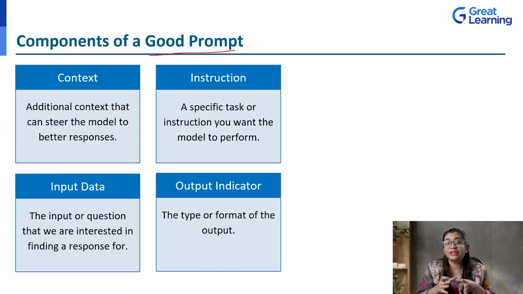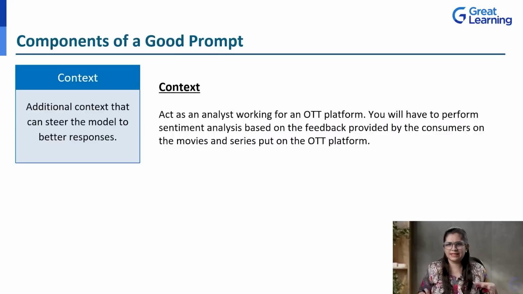So you have to tell what kind of output or what format of output you want. So these are the 4 components of a good prompt. If your prompt consists of these 4 things, you are enabling your generative model, your ChatGPT, to give you better and good results. Now, let's see an example.